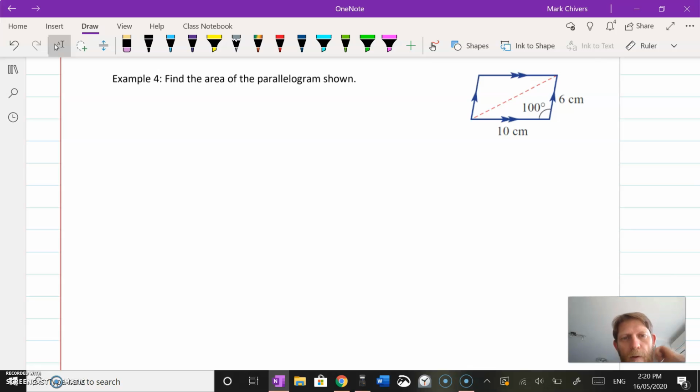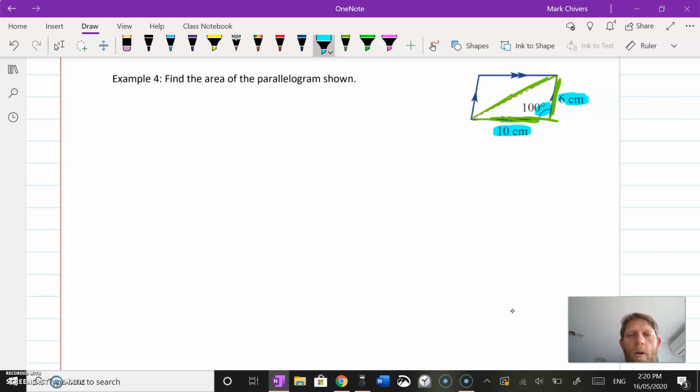So find the area of the parallelogram below. Well, the area of the parallelogram really is just going to be twice the area of one of the triangles. If I look at that triangle on that side, I've got a side, another side, and an included angle. And being a parallelogram, if I know what that triangle is worth, the other triangle is going to be exactly the same.